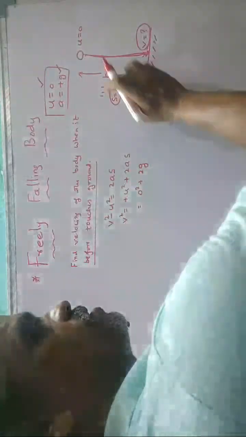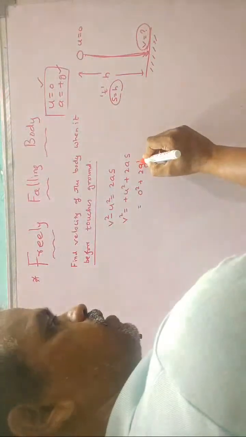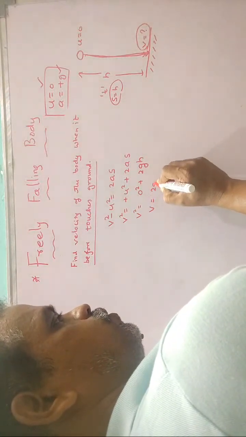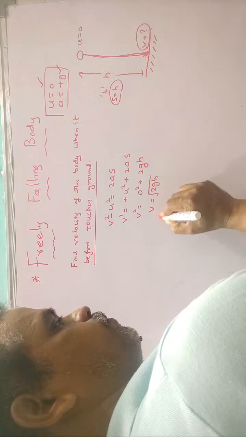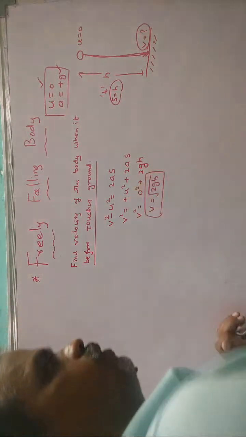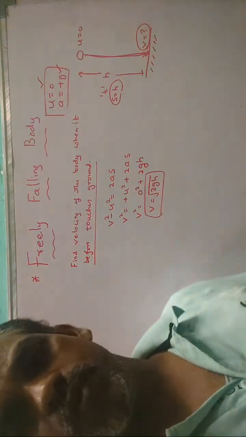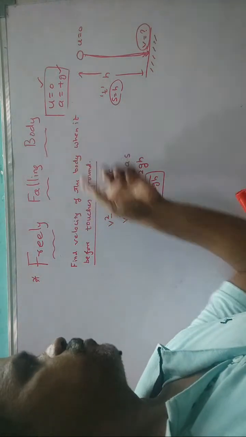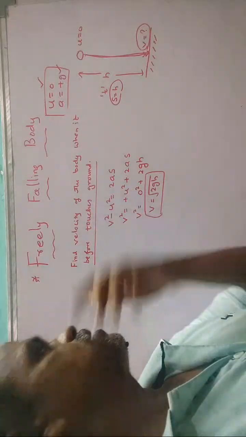Instead of s I am using h. So v equals root of 2gh. This is the final velocity of the body before touching the ground.